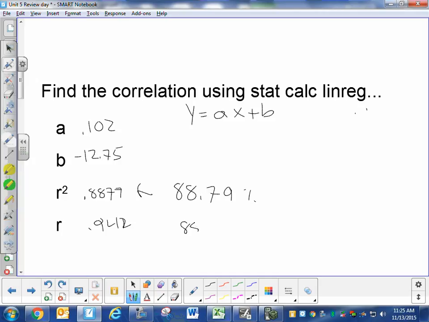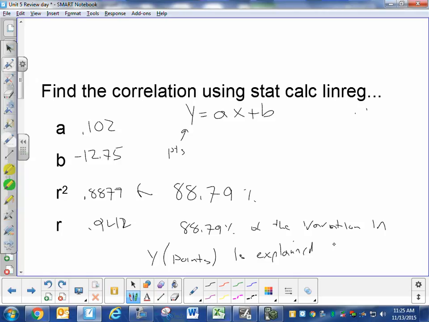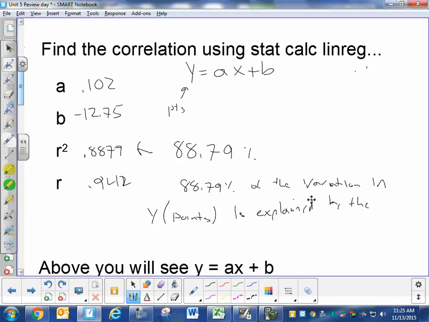You would say 88.79% of the variation in y, but instead of y in this situation we're saying points, is explained by the change in x, or by x, which is the yards.